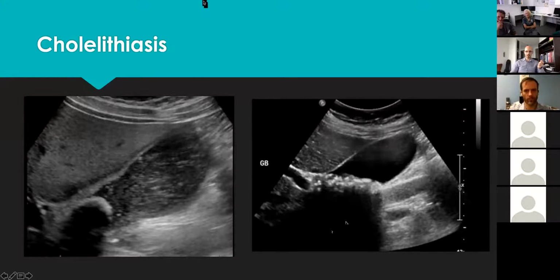You don't see anything inside it. It's just a complete, almost anechoic area or very hypoechoic area. And that's how you differentiate bowel gas from the stone. I have better images of those things, which you can see. It can be very similar and it can actually cause mistakes. Bowel gas is commonly mistaken for a stone.